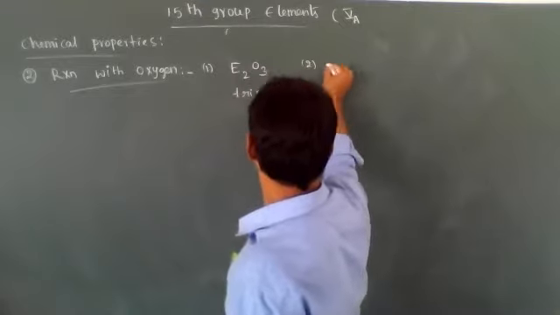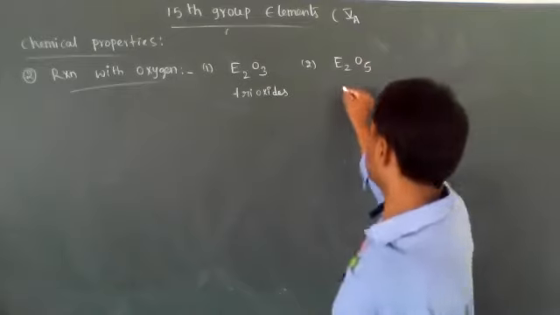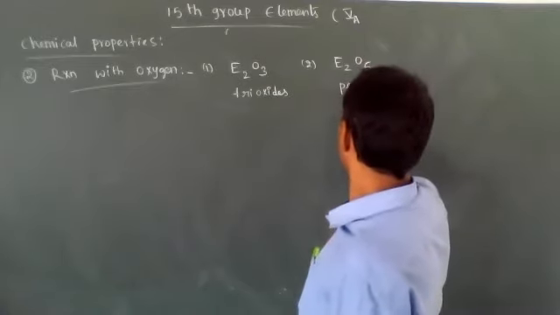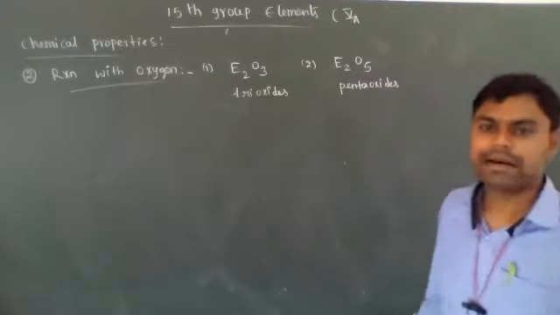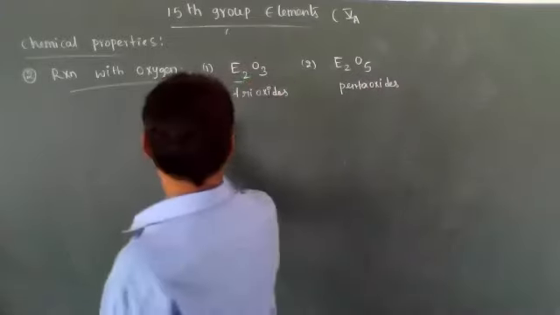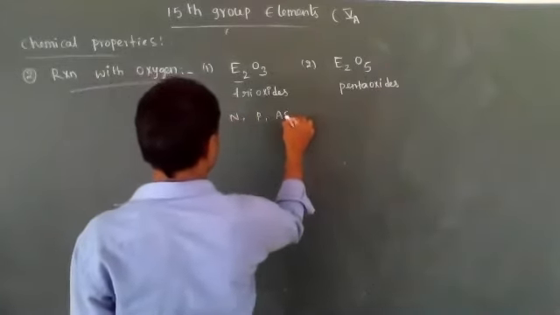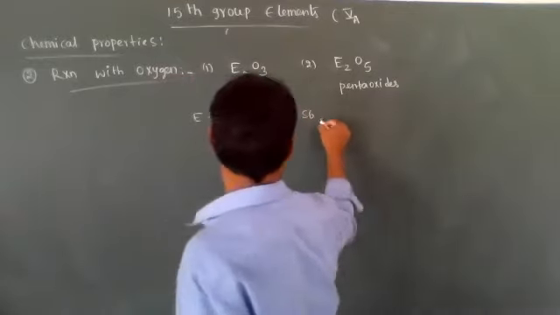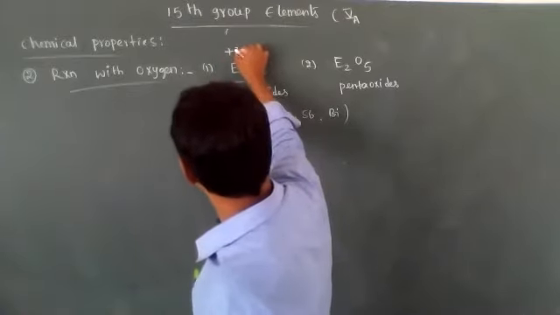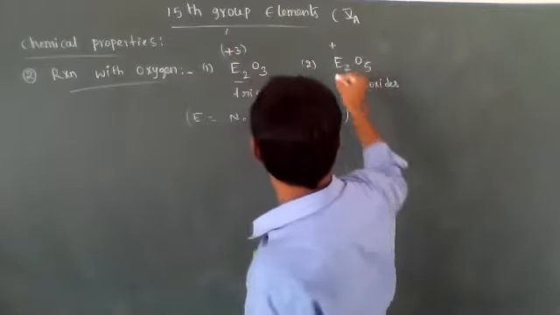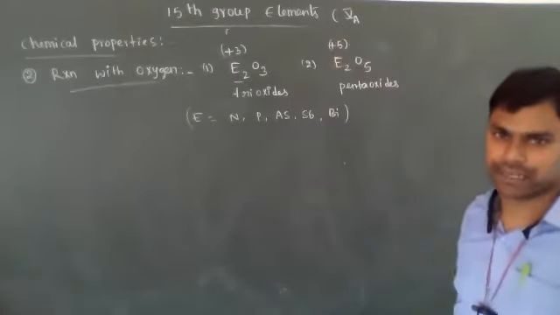The second one is pentoxides, E2O5. In these, E is nitrogen, phosphorus, arsenic, antimony, and bismuth. In trioxides the oxidation state is +3 and in pentoxides +5. The maximum oxidation state is +5.